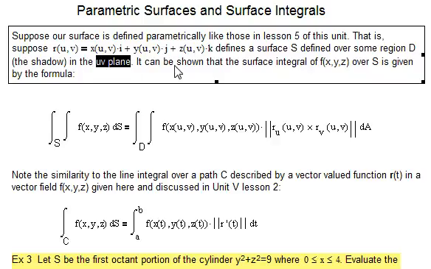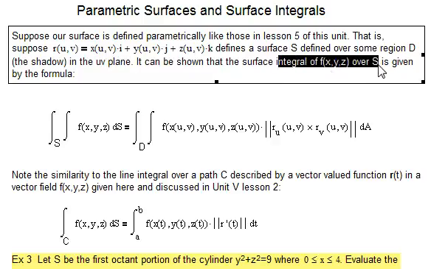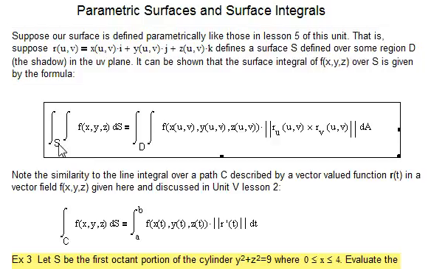UV plane. Okay, it can be shown that the surface integral of f of x, y, z over the surface S is given by this formula: the double integral over surface S, f of x, y, z dS, which is a double integral over the region D, the shadow region, of f of x of uv, y of uv, z of uv.